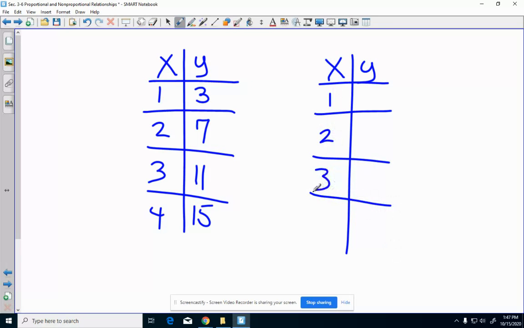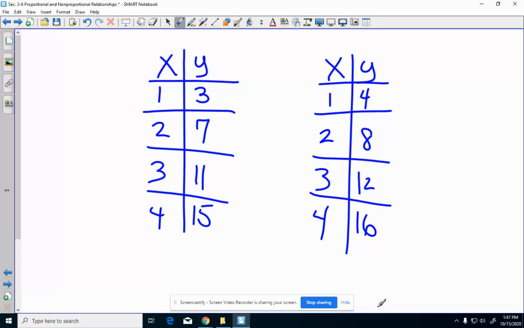So if we took the same x values, but this time we used 4, 8, 12, and 16, these ones all produce the same number. What is 3 divided by 1?